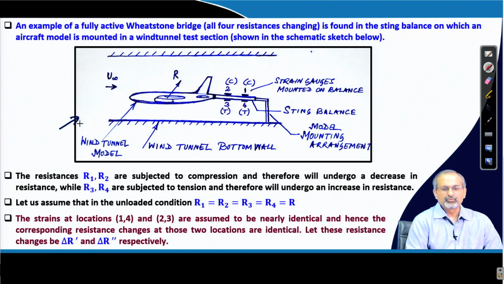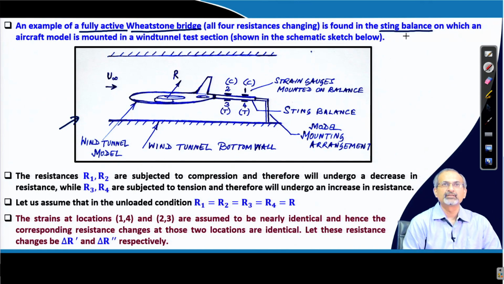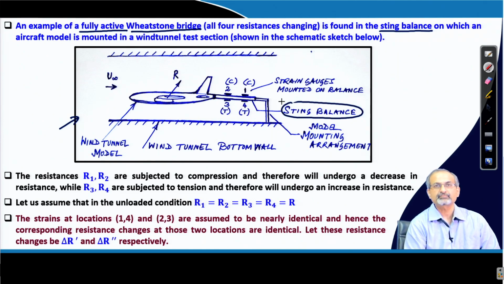Here is a diagram which actually is an example of a fully active Wheatstone bridge. That means, all 4 resistances can change, and it is found in the sting balance on which an aircraft model is mounted in the wind tunnel test section. We have a schematic sketch here which actually indicates that. We were talking about a sting balance.